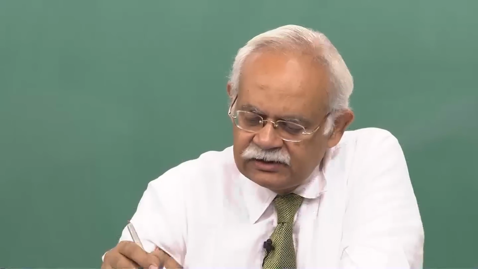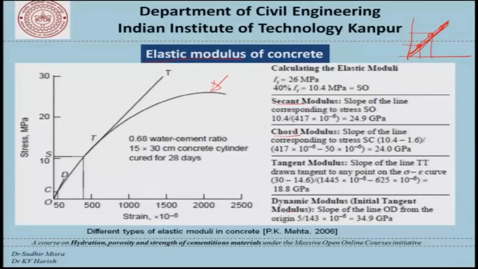Codes tell us we can talk in terms of the secant modulus, the chord modulus, the tangent modulus and the dynamic modulus, as we will discuss now. For calculating the elastic modulus of concrete, if the ultimate strength is 26 MPa, as we can see from here, we take 40% of it, and that helps us define this point S. That is, for this non-linear stress strain curve, we take 40% of the ultimate strength and find out the strain value at this point.